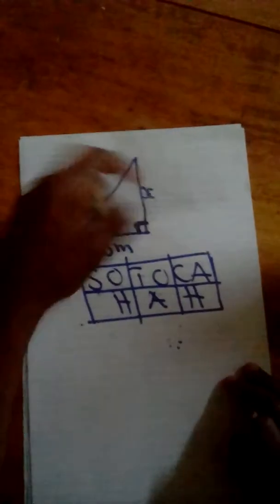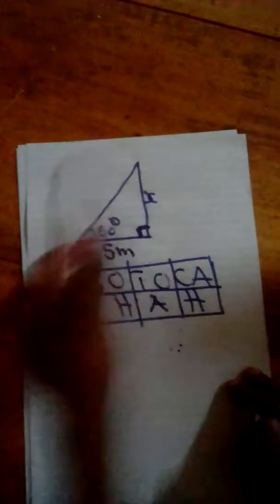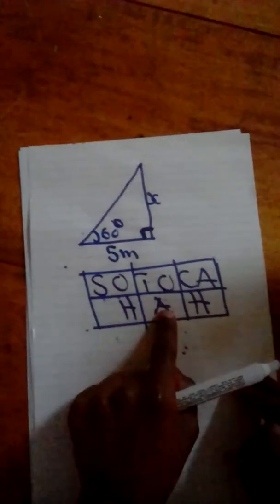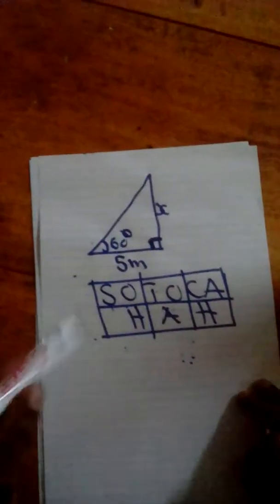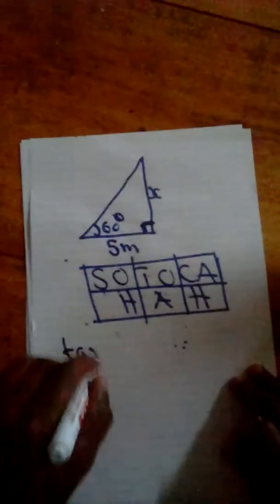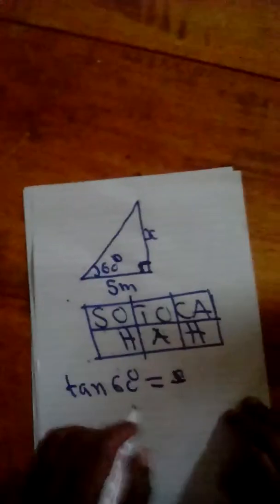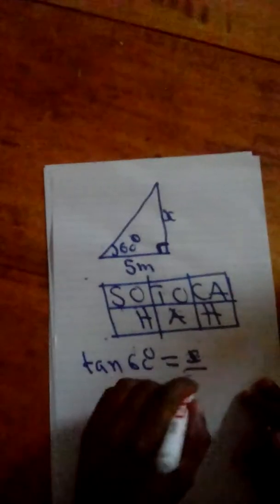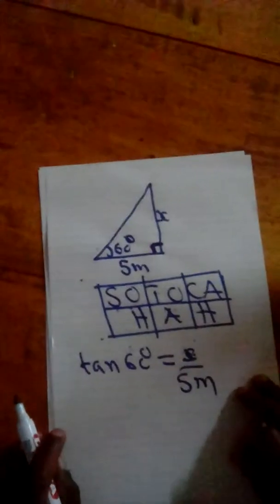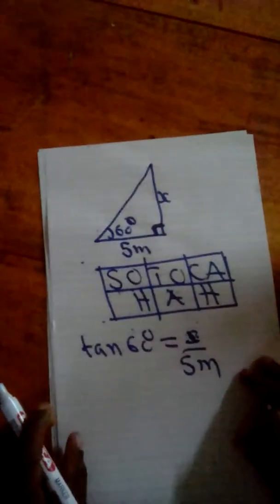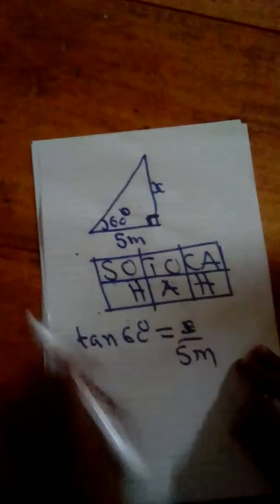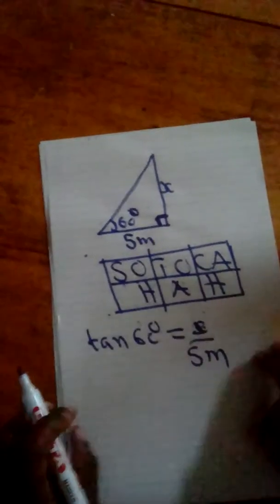So look here, this is the opposite side and this is the adjacent. Opposite and adjacent makes the tangent ratio. So here we will have to find the tangent of angle 60, which equals the opposite, x, over the adjacent, which is 5 meters. The next thing that we have to do is to find the tangent of angle 60.